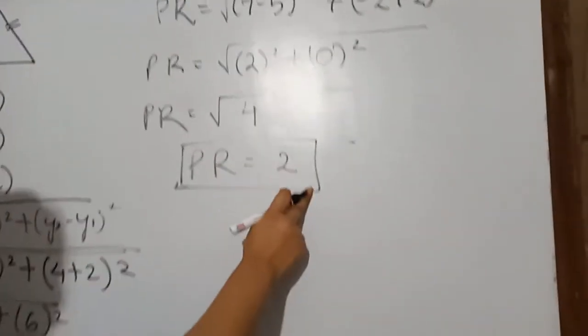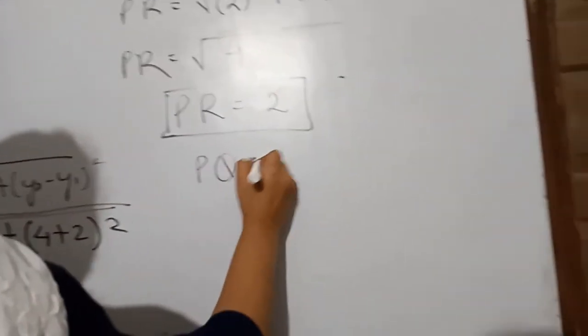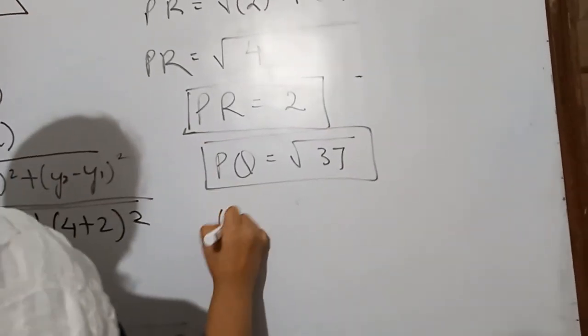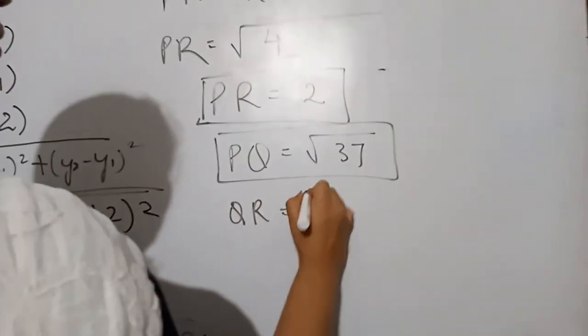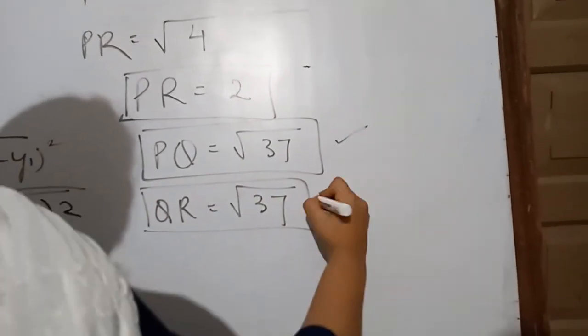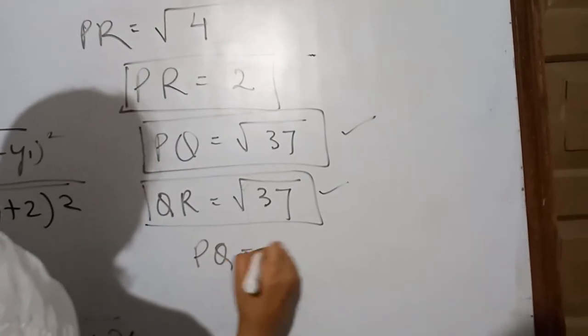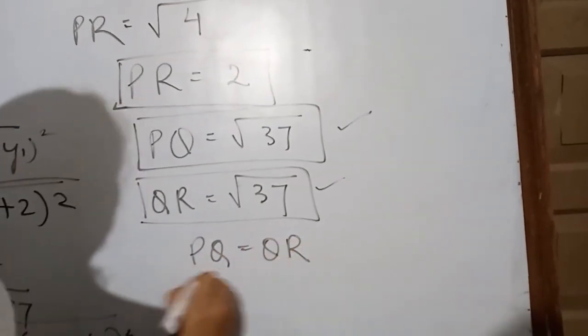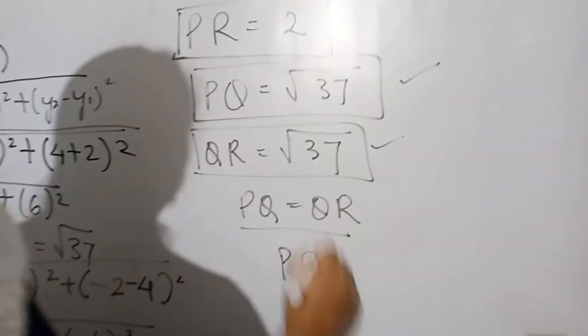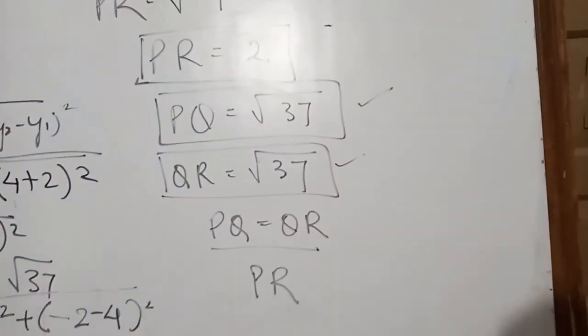Now we have PR is 2, PQ is root 37 and QR is also root 37. So over here we can see PQ is equal to QR. So the two sides are equal and the third side, that is PR, is 2. So it is not equal.